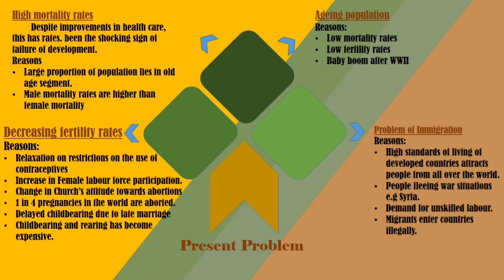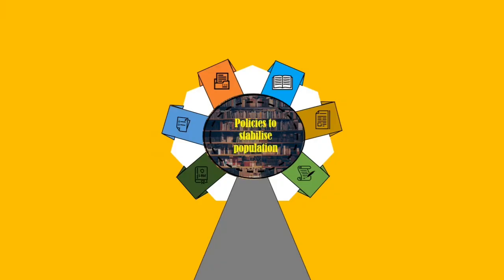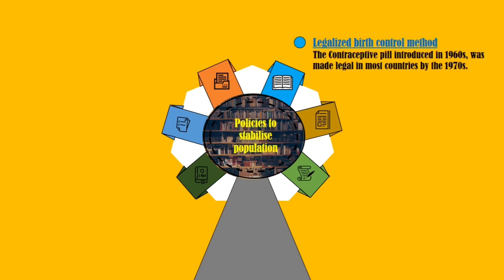Now, how about the policies to stabilize population? These are the suggested policies that can be adopted by governments in order to stabilize population growth. First is legalizing birth control methods. The contraceptive pill was introduced in the 60s and was made legal in most countries by the 1970s.